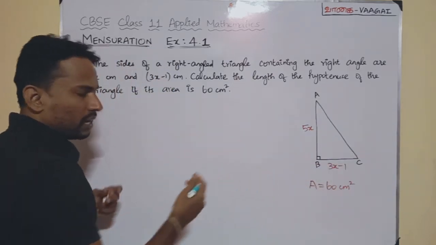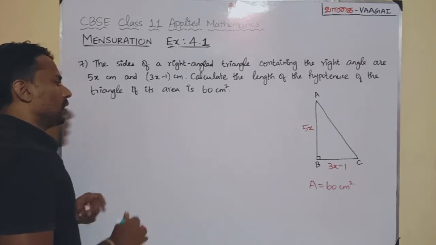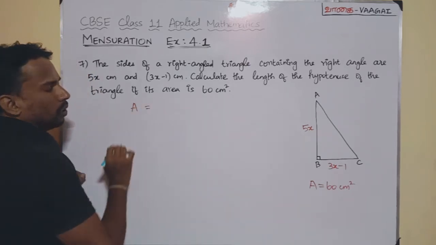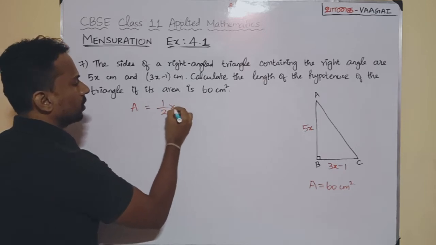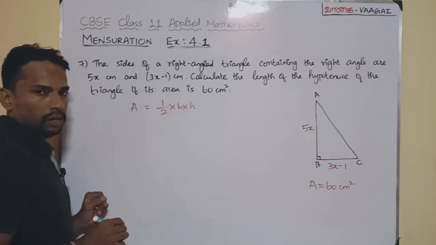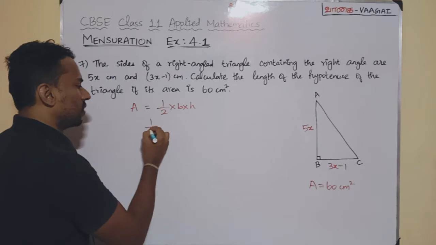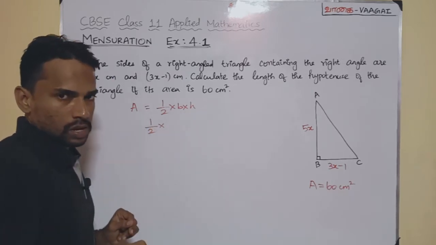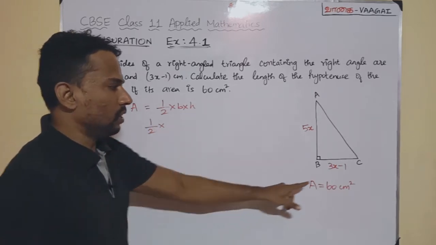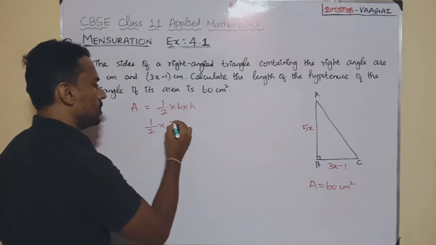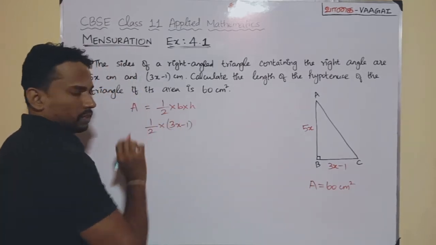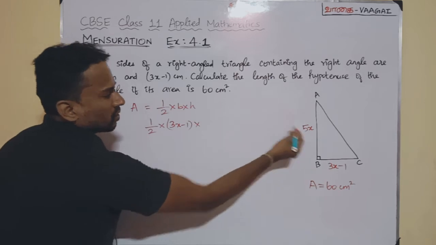Let's start from the area information itself. The area is half into base into height. This is the formula. So half into the base, which is 3x minus 1, in brackets, into the height, which is 5x.